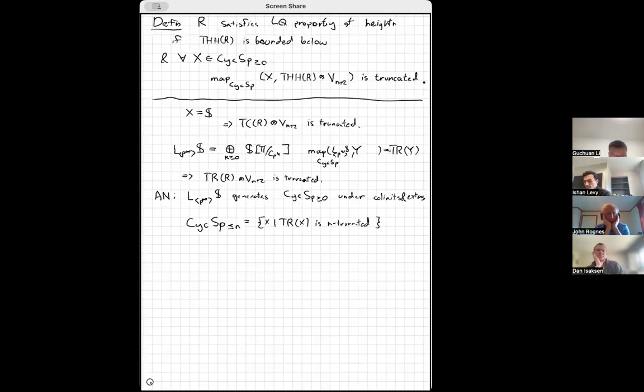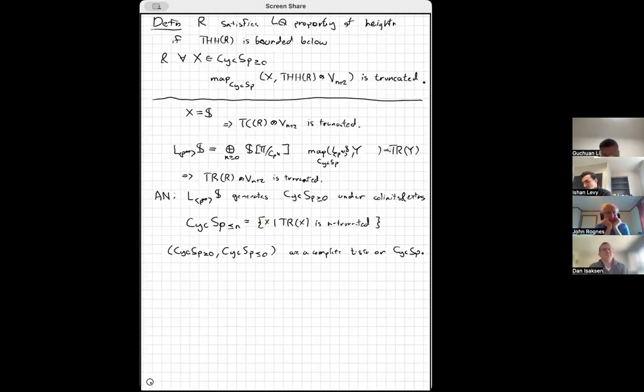And what you see from the result is that the connective and co-connective cyclotomic spectra, they in fact form a complete t-structure on cyclotomic spectra.